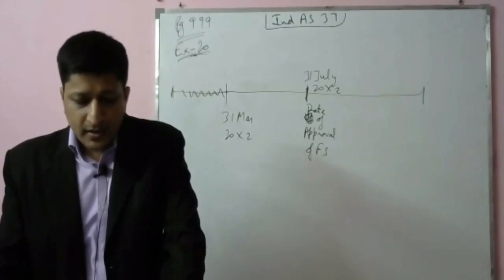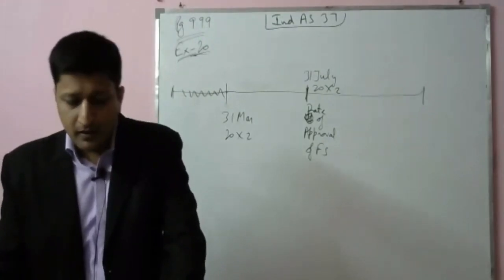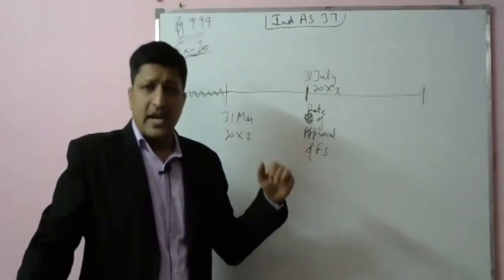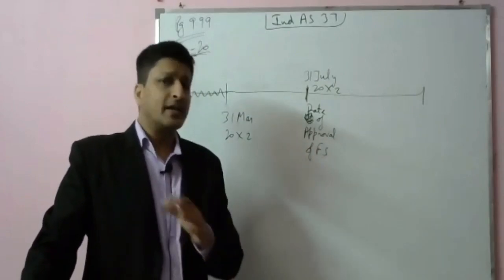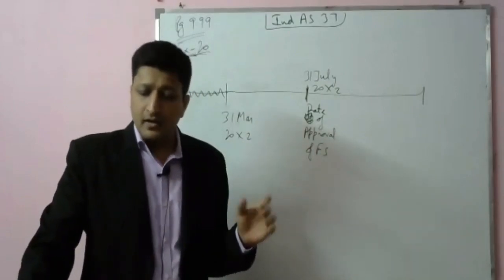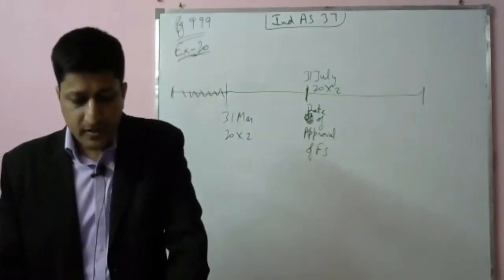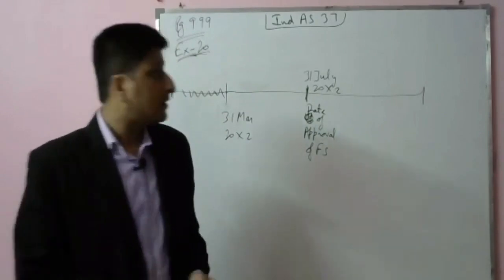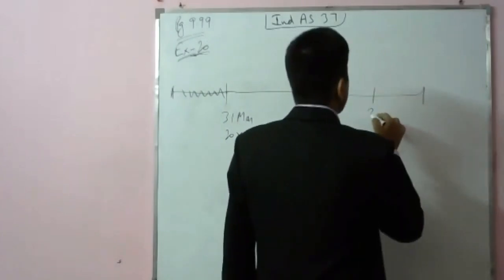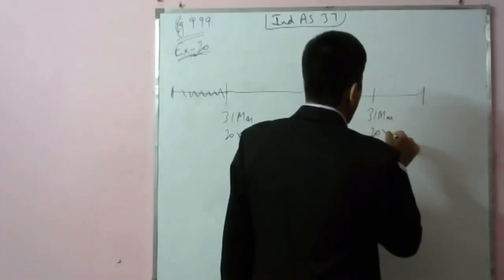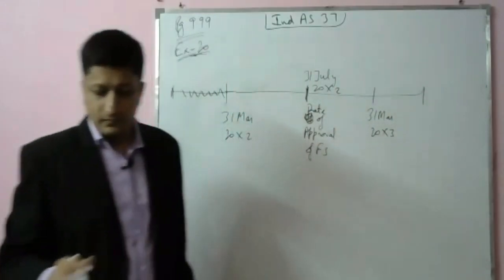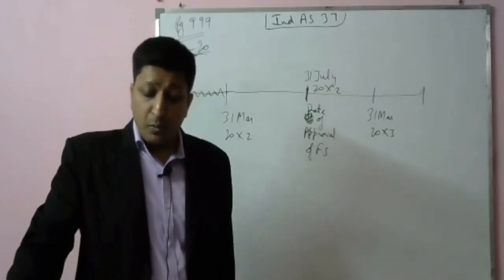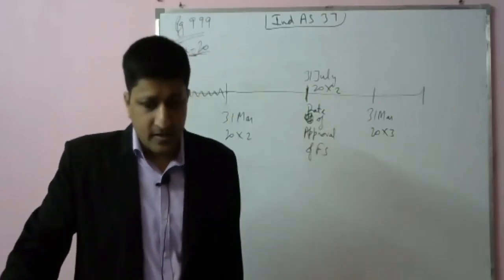entity's lawyers advise that it is probable that the entity will not be found liable. Up to this date, entity has taken a view and the lawyers are saying probability is there that the liability will not arise. However, when the entity prepares the financial statements for the year ending 31st March 2003 for the next year, lawyers advise that due to the developments, it is probable that liability will arise.